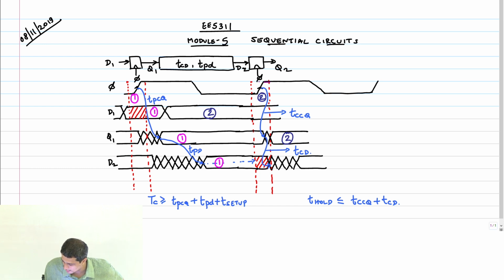So we say that this clock edge can move like this. So for the max delay constraint, this is the worst case delay.